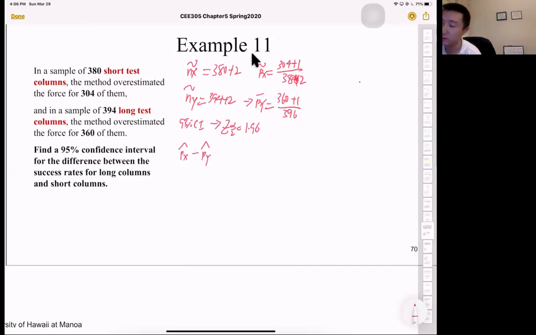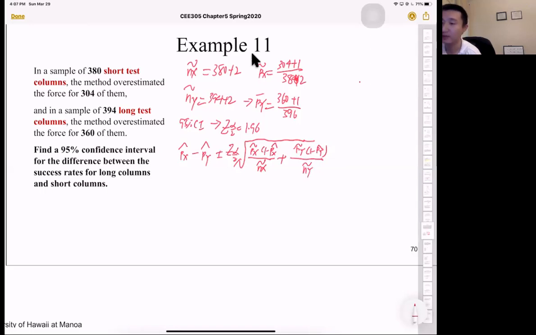So Py minus Px plus or minus z half alpha times the square root of modified px times 1 minus modified px divided by modified nx, plus modified py times 1 minus modified py divided by modified ny.